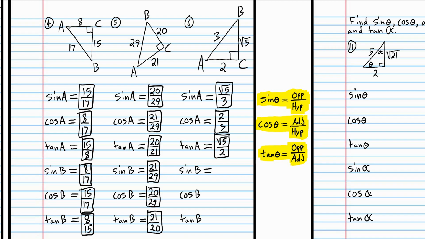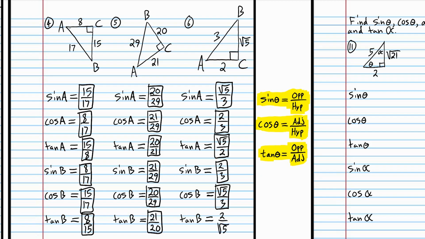And sine B is going to be 2 over 3, opposite over hypotenuse. Cosine B is going to be root 5 over 3, adjacent over hypotenuse. Tangent B is going to be opposite over adjacent, which is 2 over root 5.